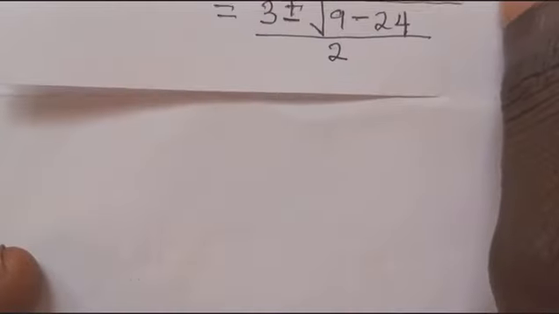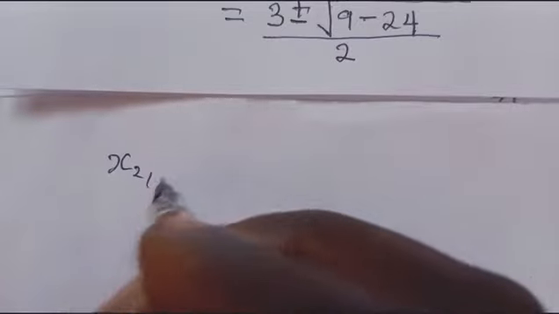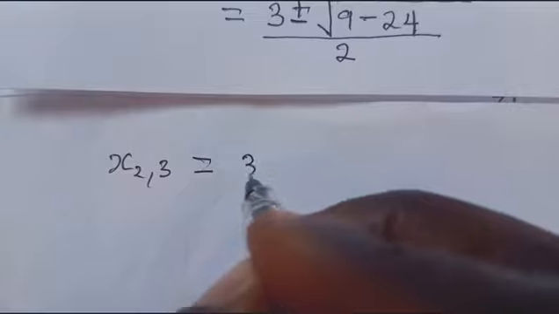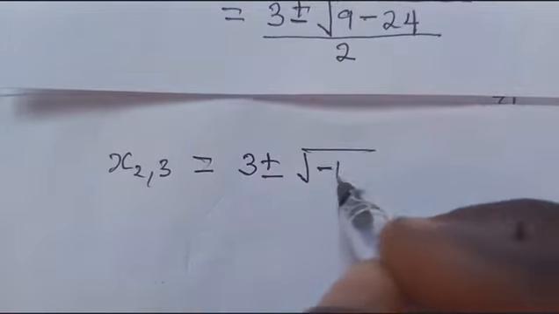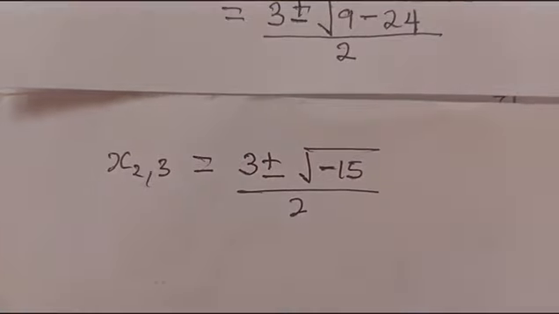So where we stop now, we can have our value x2 comma 3 to be equal to 3 plus minus square root of minus 15 divided by 2.